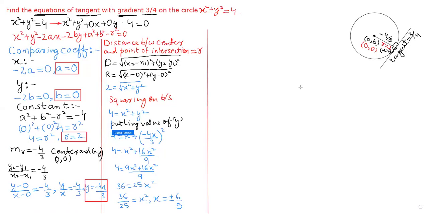ठीक है. So now when I'm going to simplify it, what is going to happen? As I have to find x, I have already found. Now I have to find the value of y also. Okay. So how will I do this working? See beta.